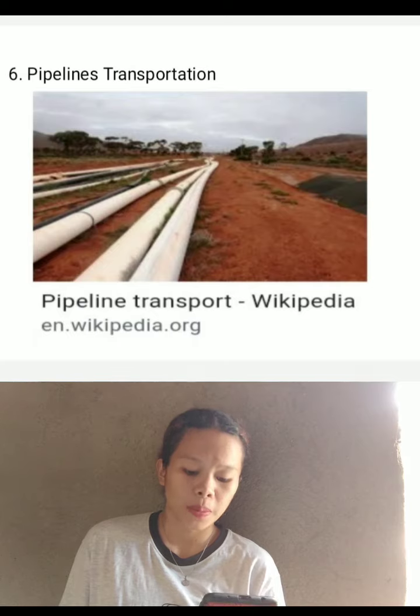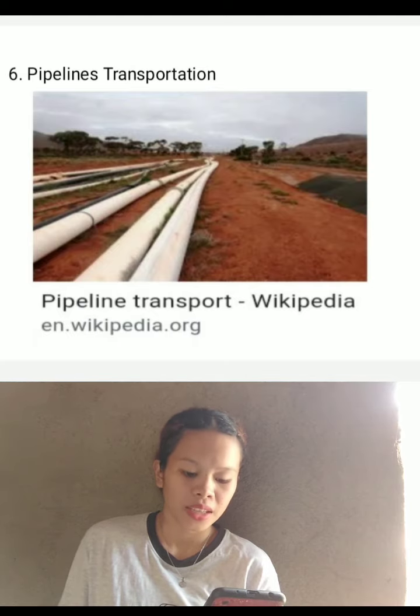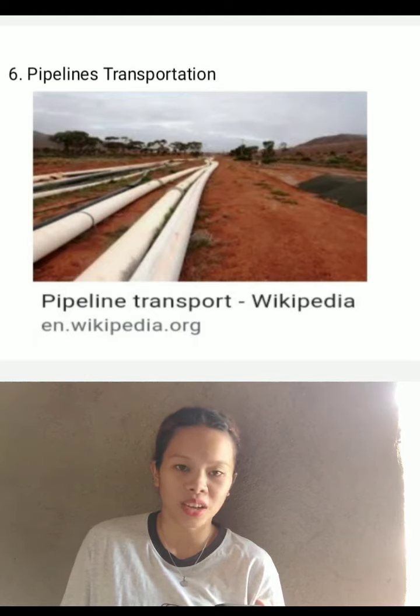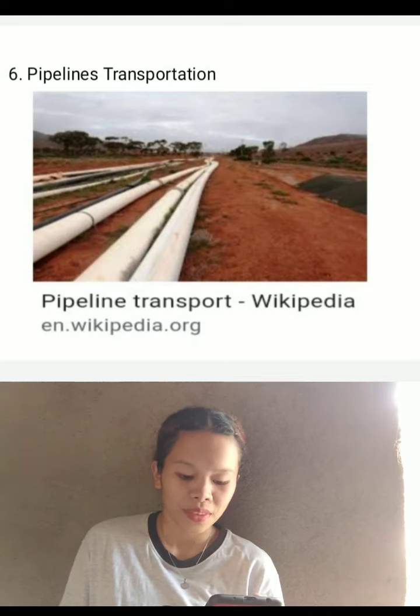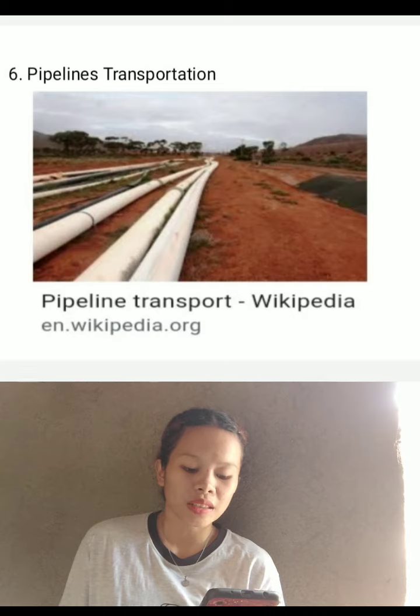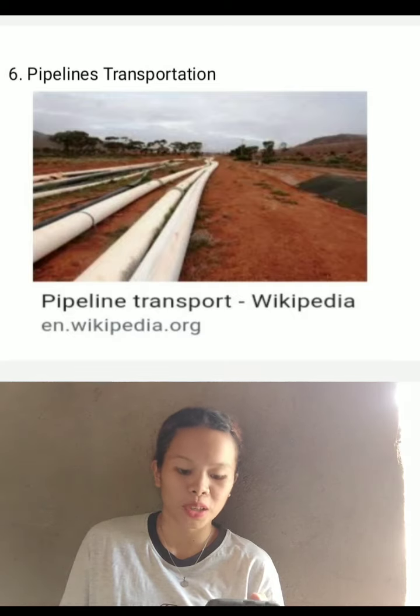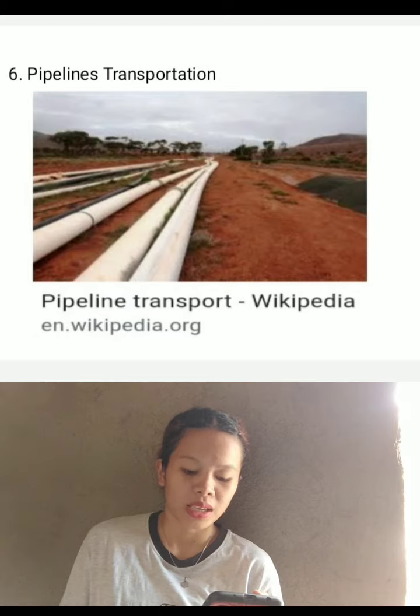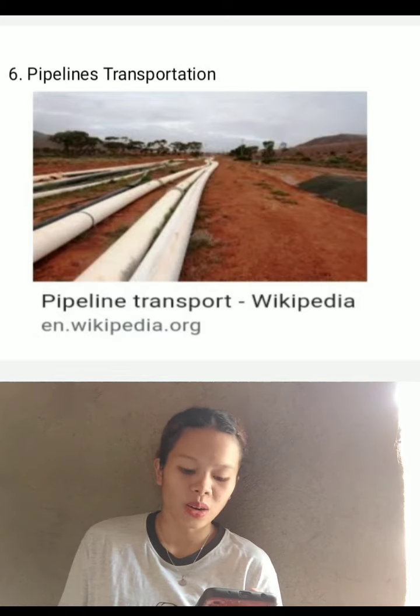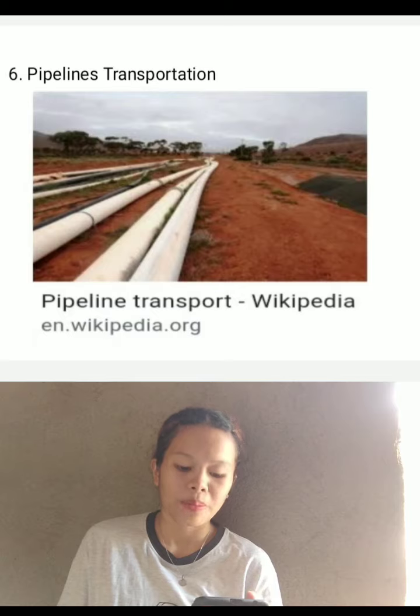The cost of shipping primarily lies in its construction, the diameter of the pipeline, and the viscosity of the fluid being transported. They can be built above ground, underground, or underwater, making them ideal for offshore drilling. So that's all the 6 modes of transportation.